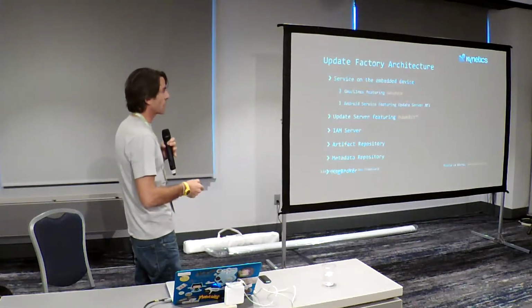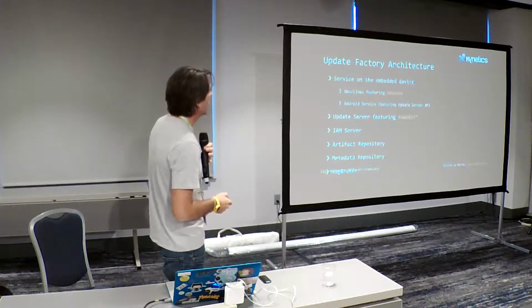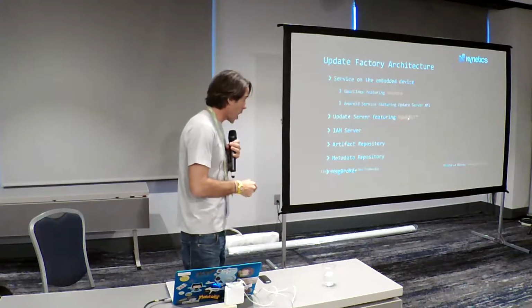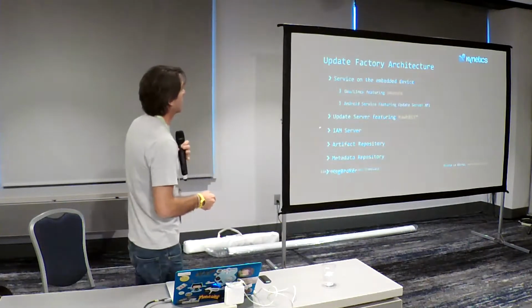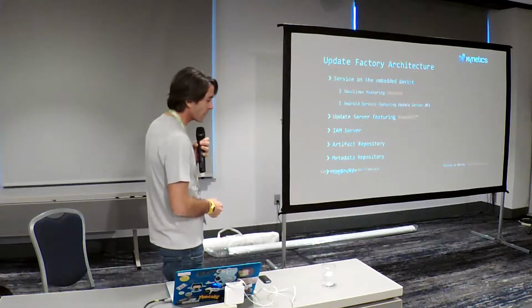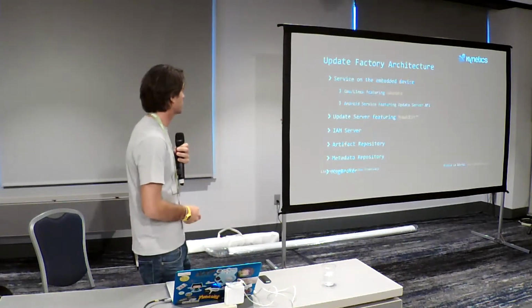But really, we are not doing anything on the Android device. On the Linux device, we are using software update. Then we have an update server that is actually featuring Hawkbit. Then we have an EAN server for user authentication. We have an artifact repository that is S3, and a metadata repository that is MariaDB.